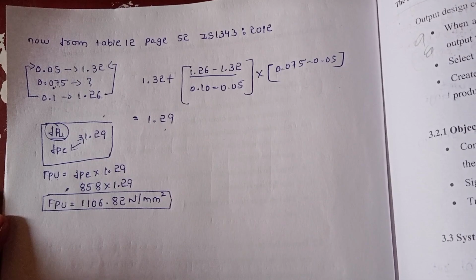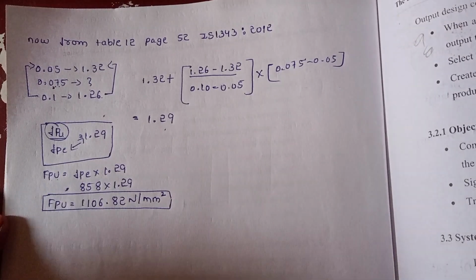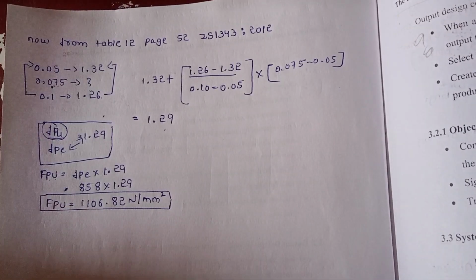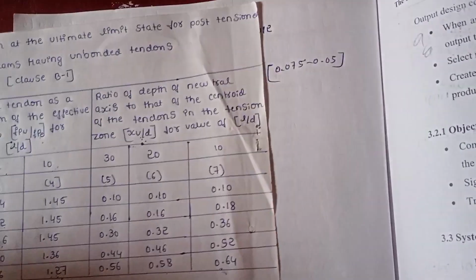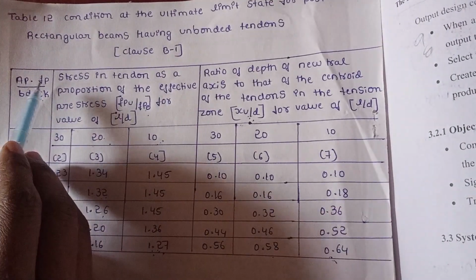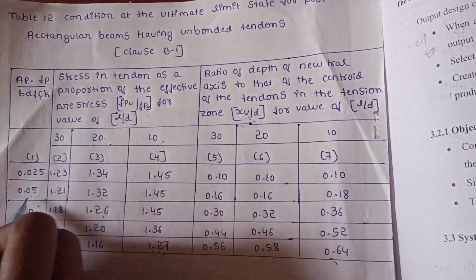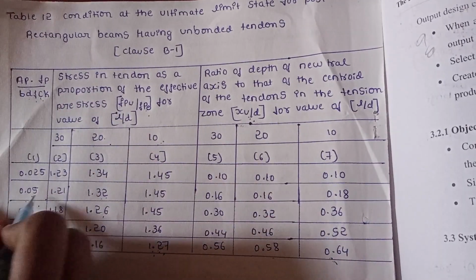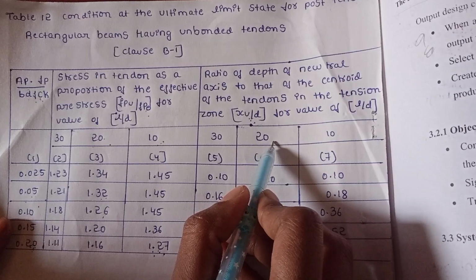Similarly, we want the XU by D value, again with the help of the table. We got AP into FP divided by BD into FCK value is 0.075 and L by D ratio is 20 mm.